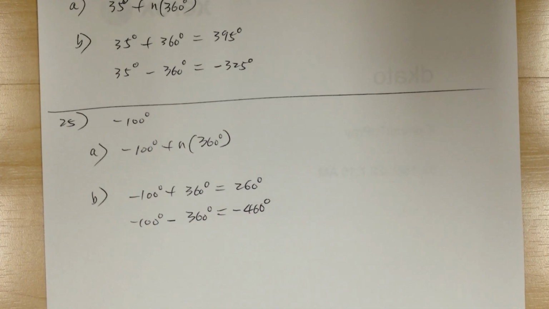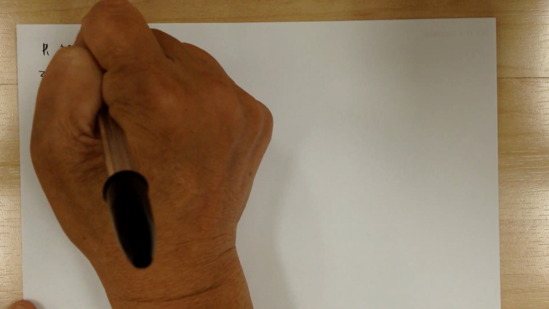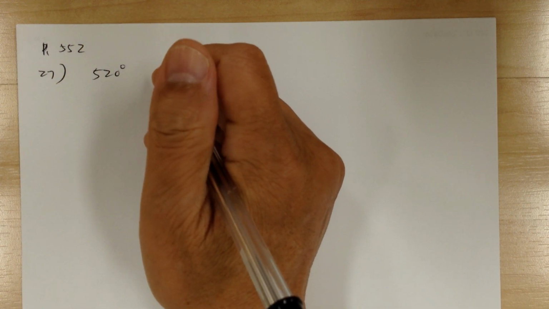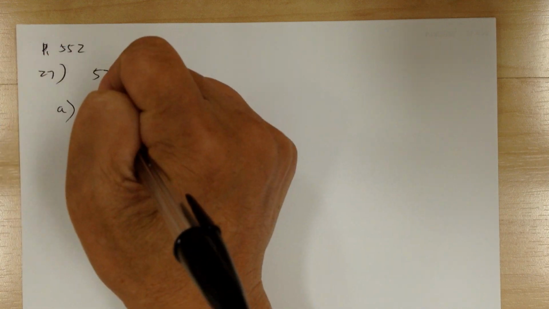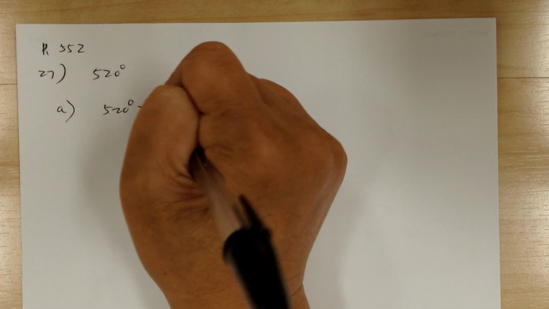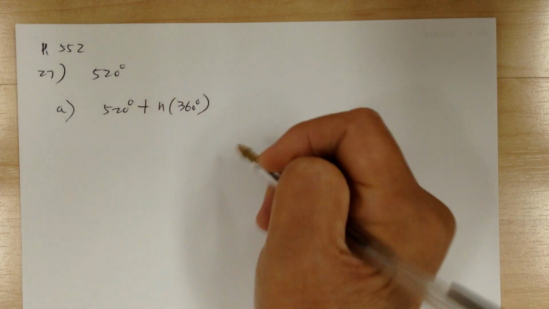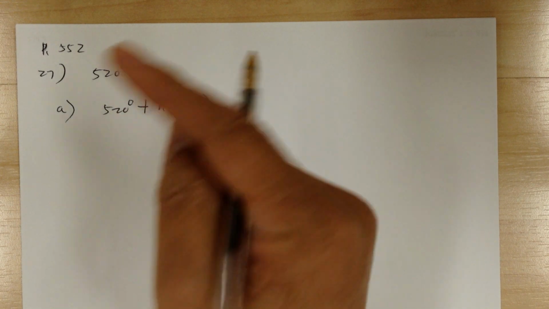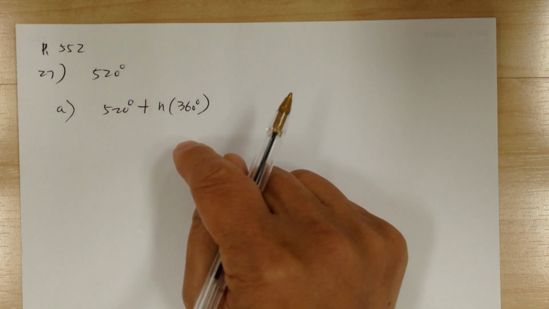Okay, 27. You've got 520 degrees. So part A, you've got 520 plus n times 360 degrees. Now this one, because the angle is really big, what you need to do is minus 360 and minus 360.